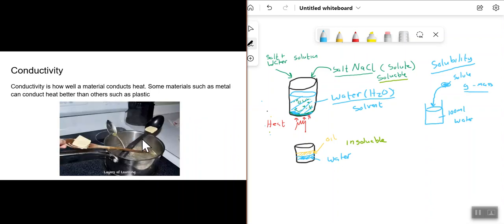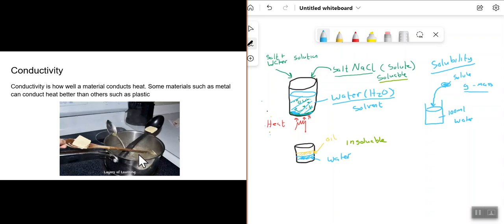Conductivity is how well a material conducts heat, or how well it lets heat move through it. Some materials, such as metals, can conduct heat better than others, such as plastics. For example, here is a pot of boiling water. Here's a wooden spoon with butter on one side, a plastic spoon with butter on the top part, and here's a metal spoon.